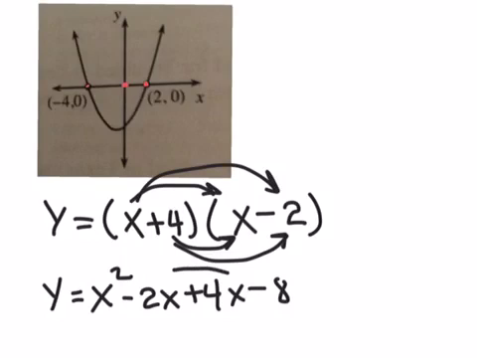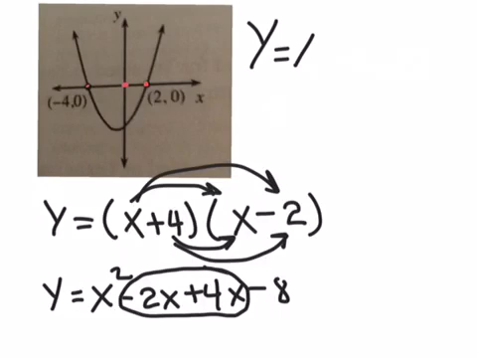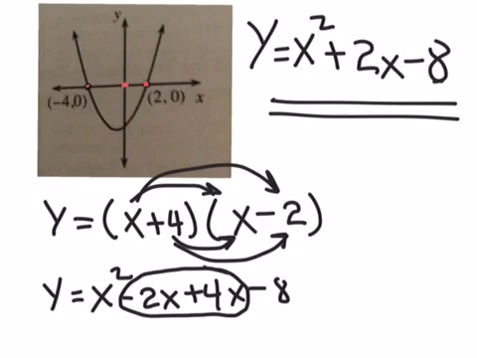I'm going to combine those like terms and write this up here. So that is going to be y equals x squared plus 2x minus 8. That's our final equation. So basically what we're doing in this chapter is, I just went backwards.